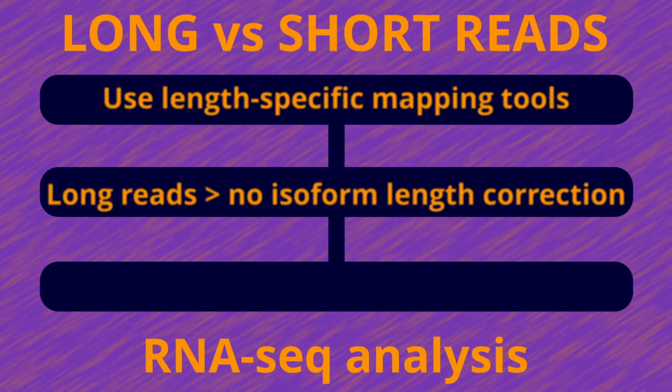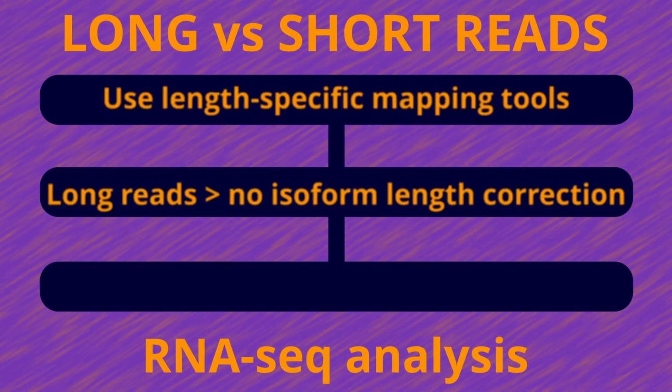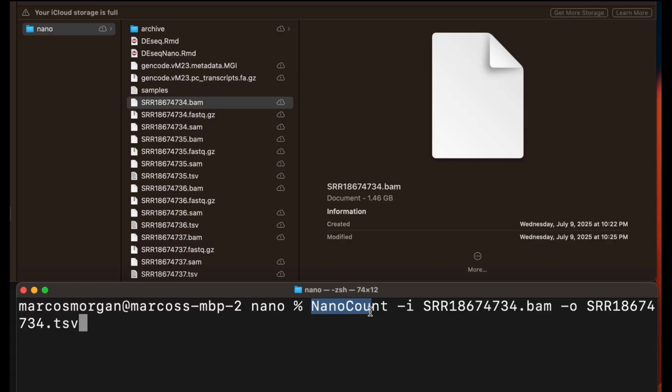Because of this, in the quantification, we only account for multiple mappings, but not the length of the transcript isoform. In this case, we will use NanoCount, which has been specifically designed for Nanopore long reads. So we call NanoCount, we pass the BAM file, and we request the results to be copied into the TSV file with the same name.